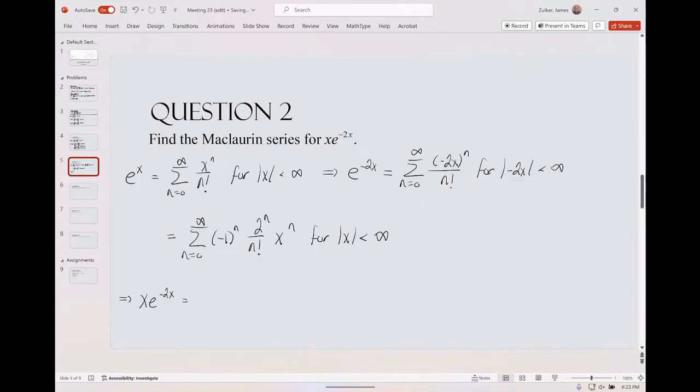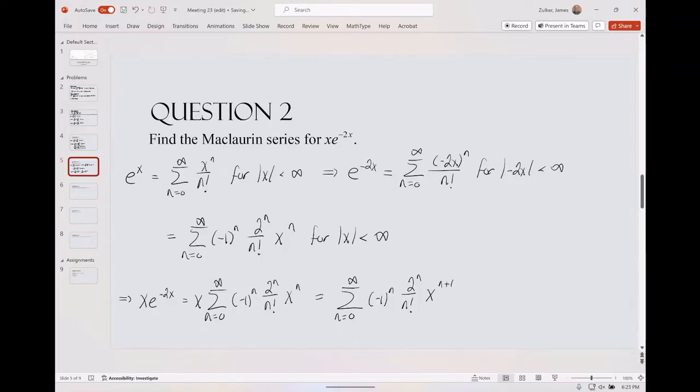Just multiply that series by x. Then we can just pull that x inside the summation.